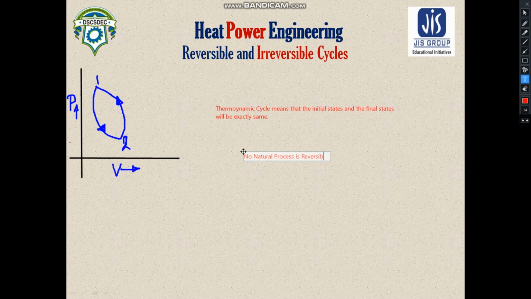Or you can say that all natural processes are irreversible. Okay, so these are the same thing but written in two different formats. So no natural process is reversible, or you can say all natural processes are irreversible. That means you cannot find any natural process which would be reversible.